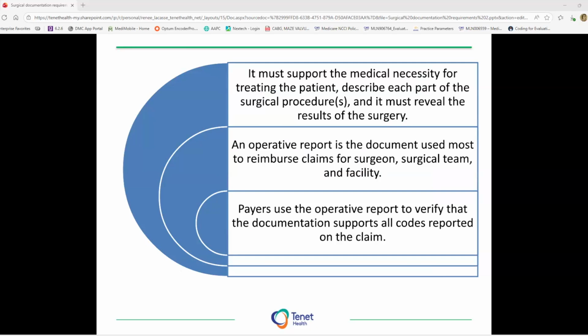When insurance payers request documentation, they will review that operative report to confirm that all billed codes are supported by this report. You're going to hear this a lot, but we want to make sure that we have accurate documentation. It's essential.